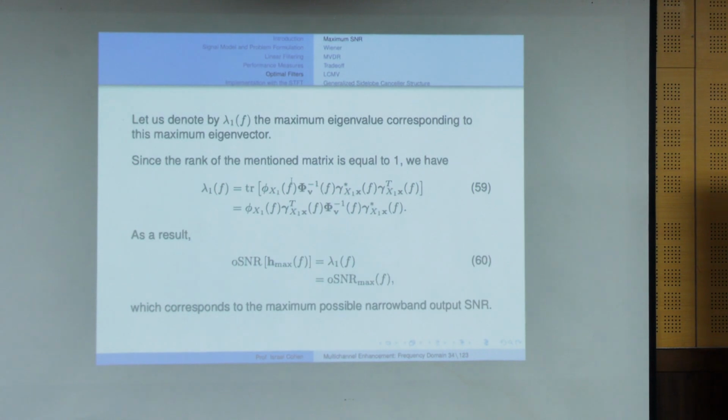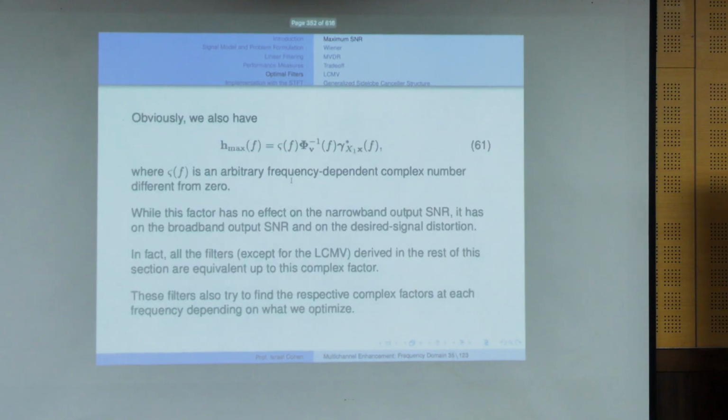We saw that any filter that is proportional to phi v minus 1 d, which is gamma, the complex conjugate of gamma, the partially normalized coherence function here, and these are zeta, any numbers which are different than 0, we get a filter that maximizes the output signal to noise ratio.